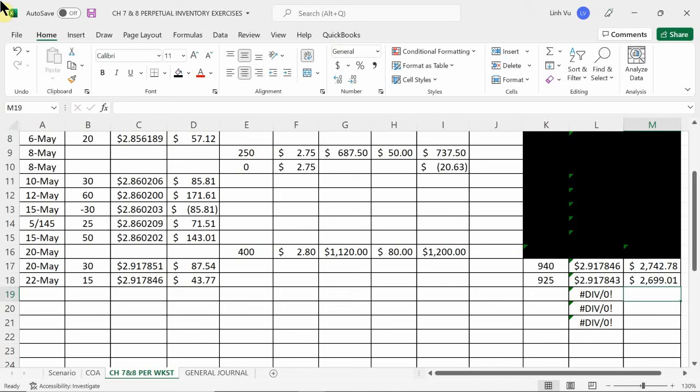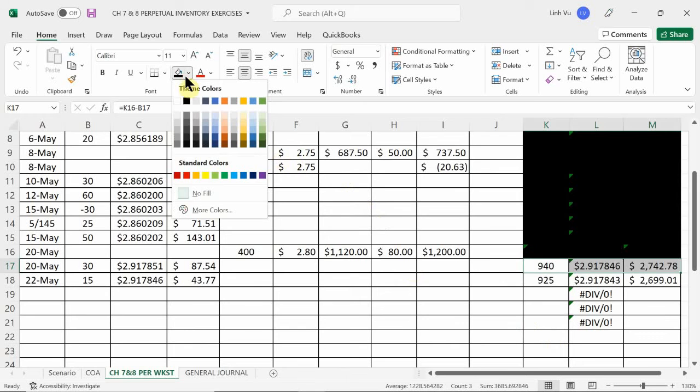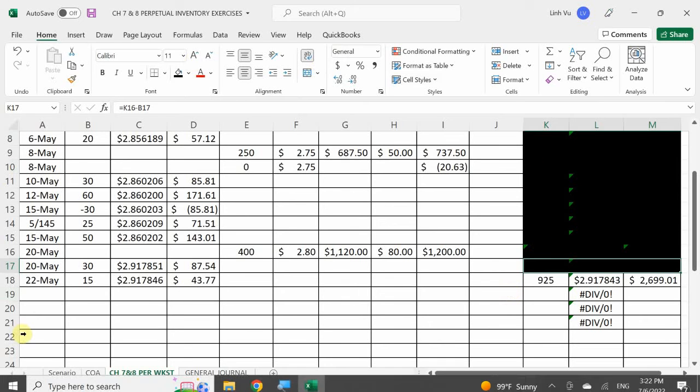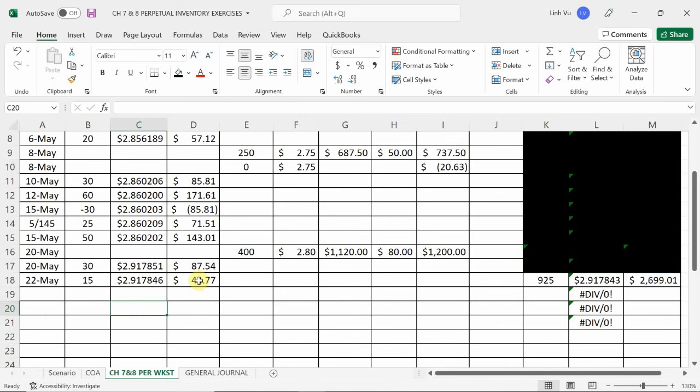In this case, my average cost per item has decreased. So I have 925 units left to sell, and it cost me a total of $43.77.